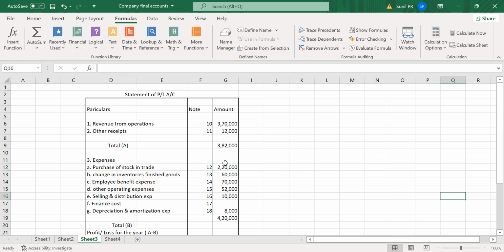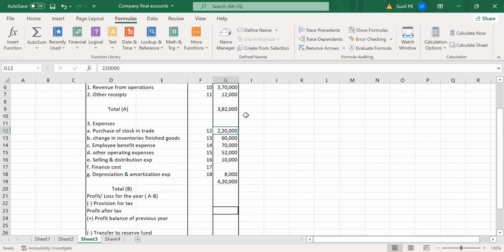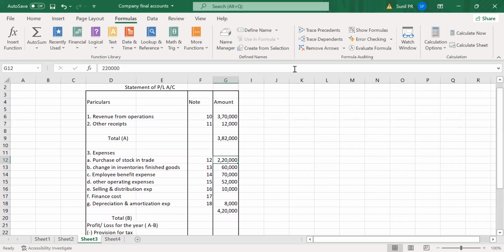That is 3,72,000. Employee benefit expenses 70. I think there is some mistake in the problem now. We can't rectify it after all this. Okay, this is how the format will be. A minus B will be called profit and loss for the year.